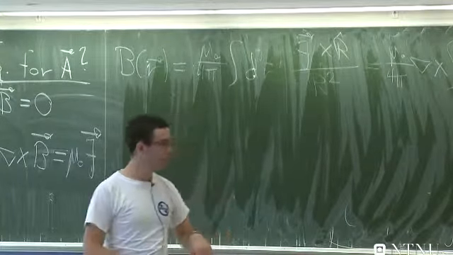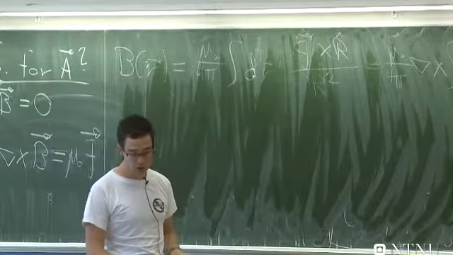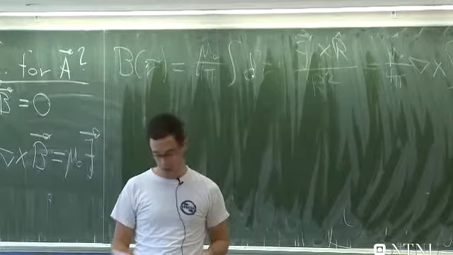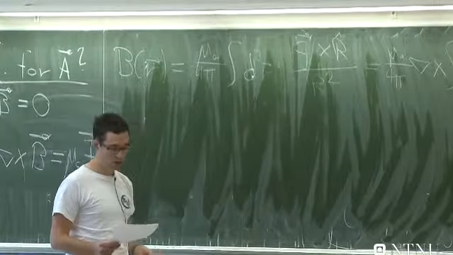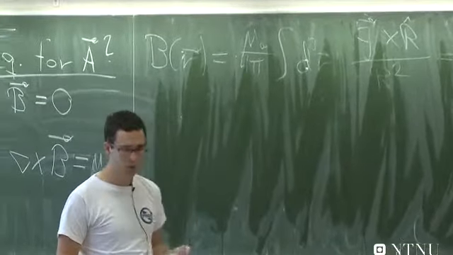I think the last thing I'll do today is just state the boundary conditions for the B and the H field. I'm not going to prove them because we'll get into more detail when we get to materials.